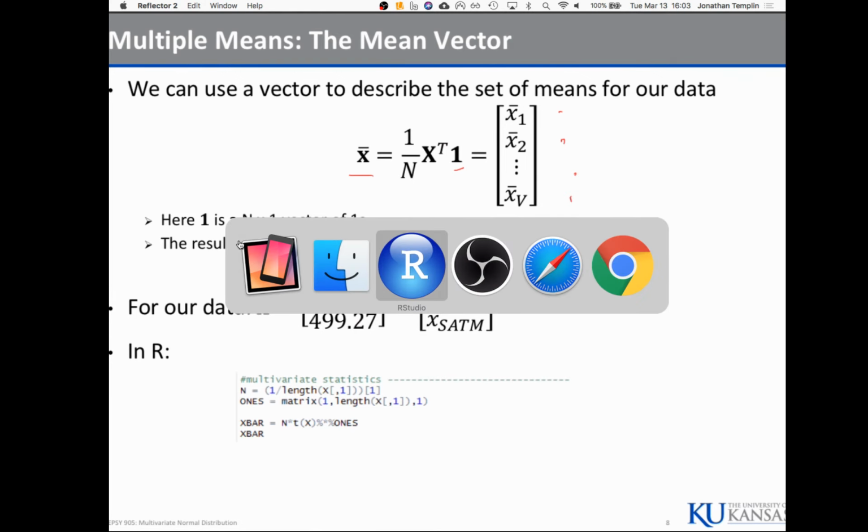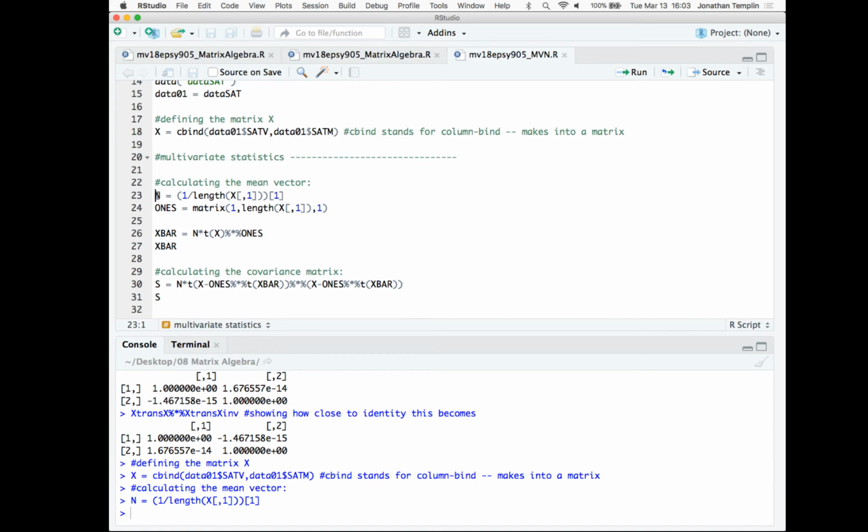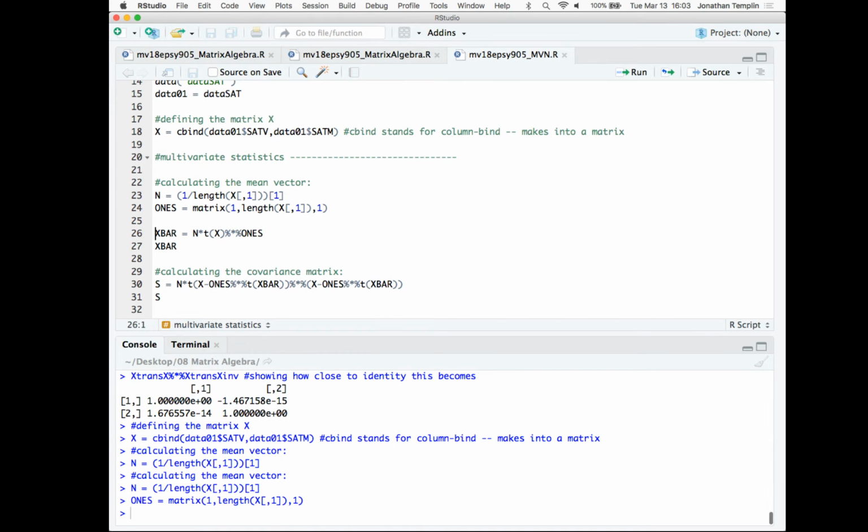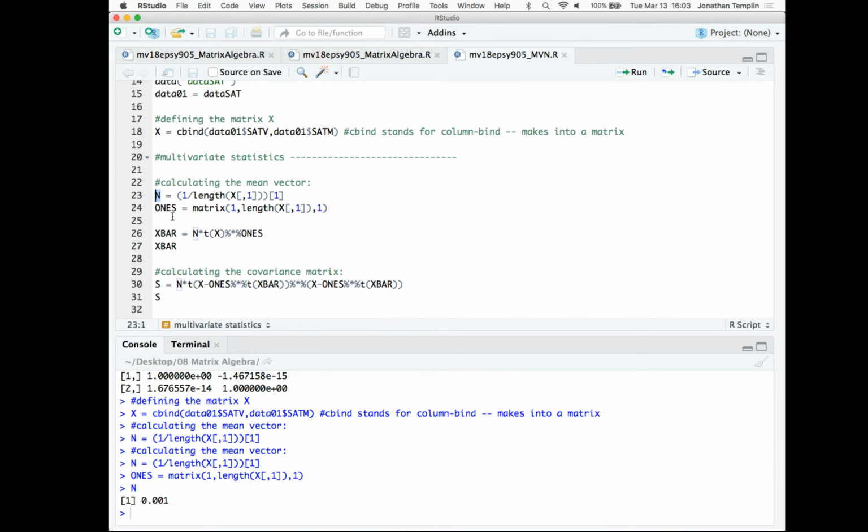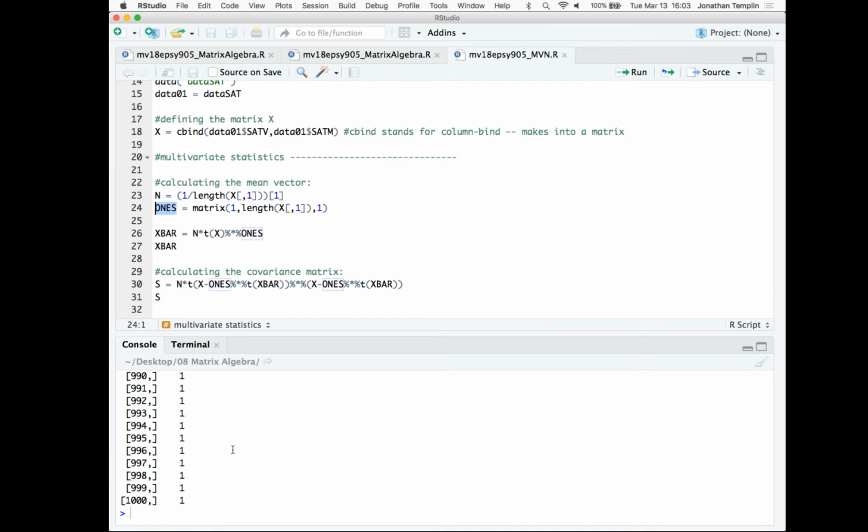So, going to the data, here's the number of observations we have, actually 1 over n. Here is the 1's vector, a 1,000 by 1 vector. We saw before X was 1,000 by 2, so the transpose of X is 2 by 1,000.